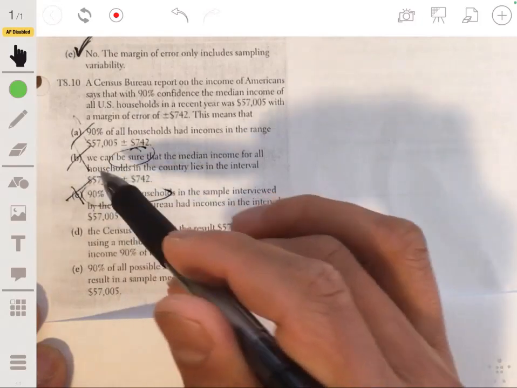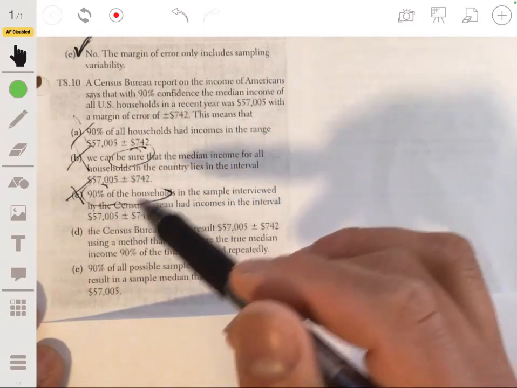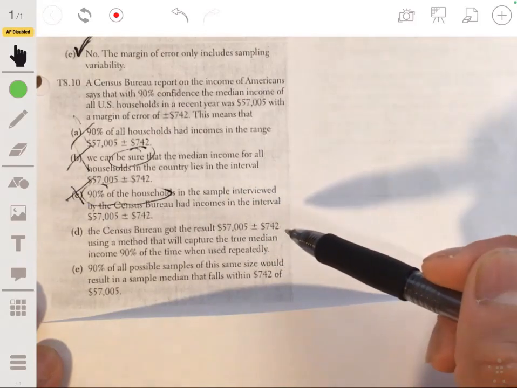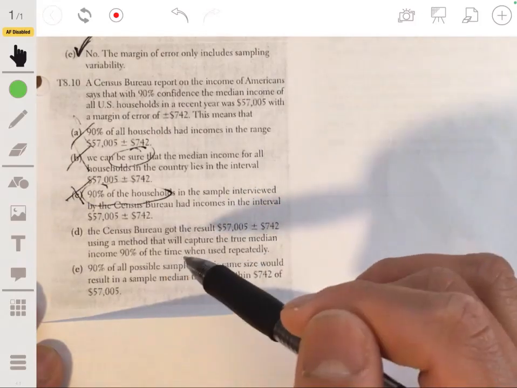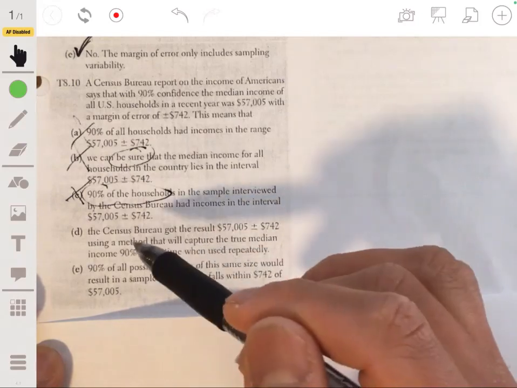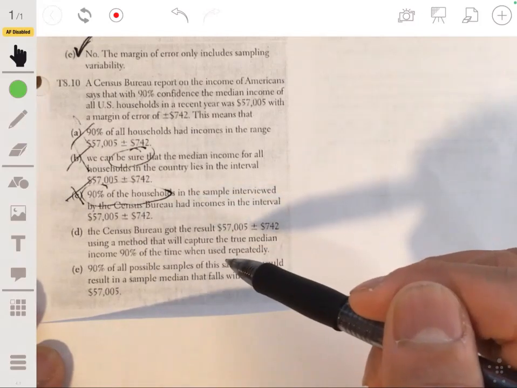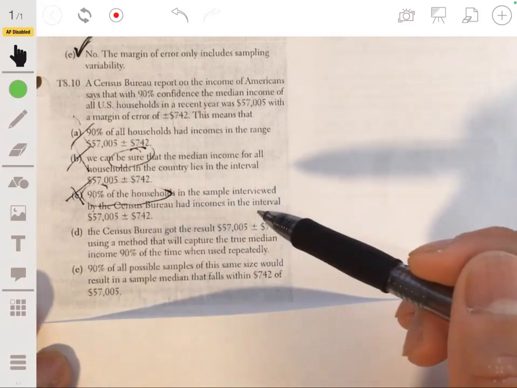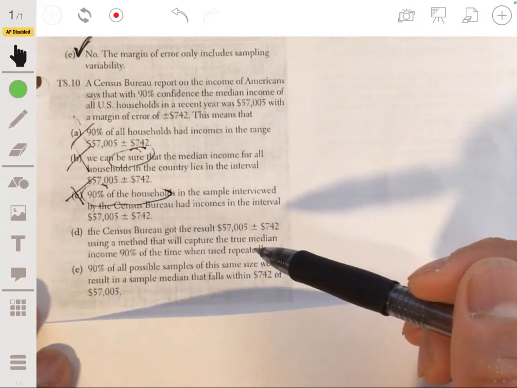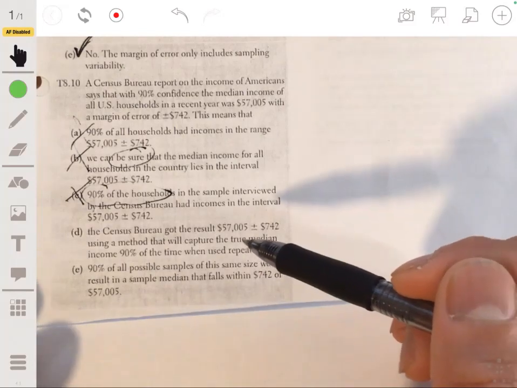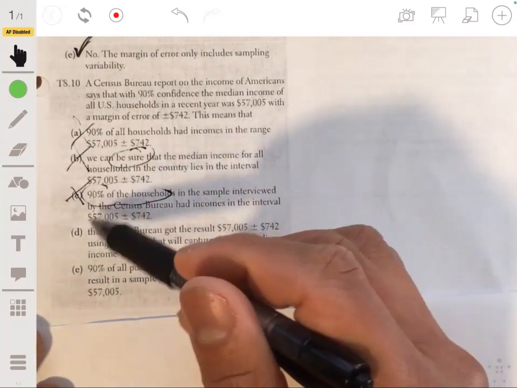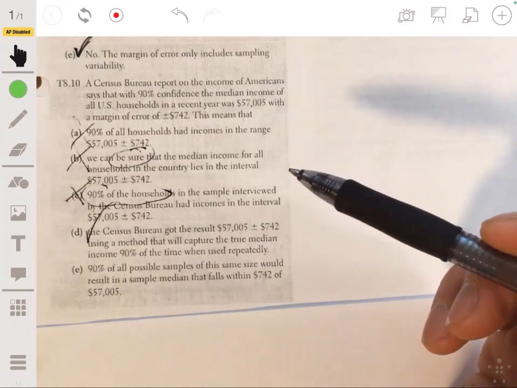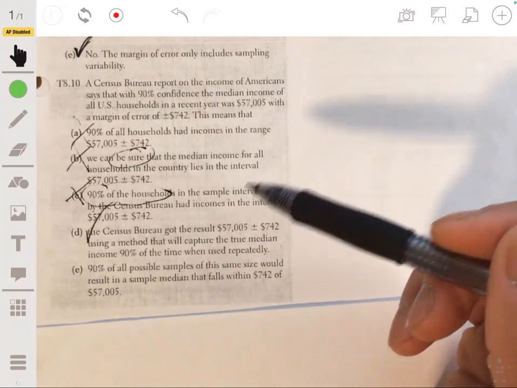So it's not going to be C. D says the Census Bureau got the result, $57,005 plus or minus $742, using a method that will capture the true median income 90% of the time when used repeatedly. So this is going to be our answer. This is essentially the definition of the confidence interval.